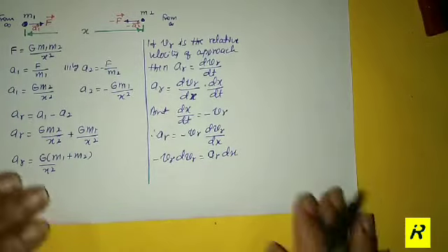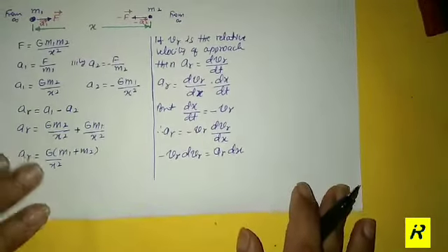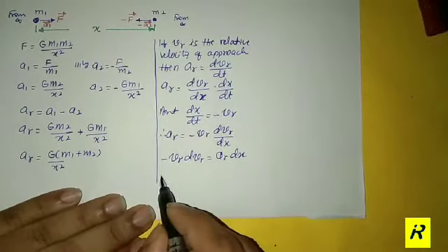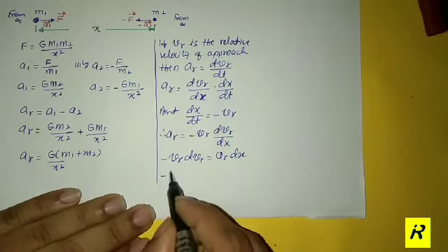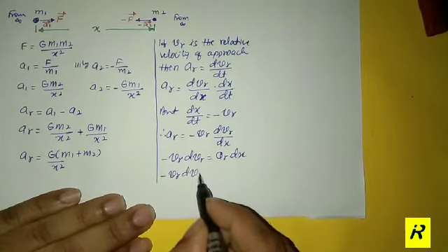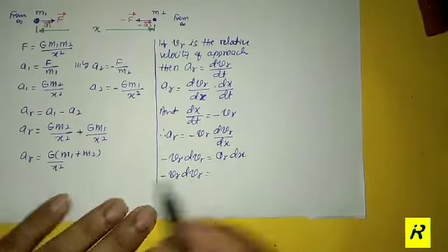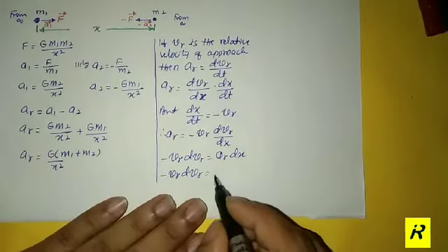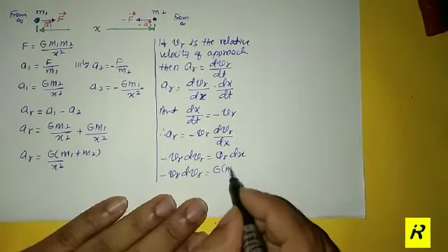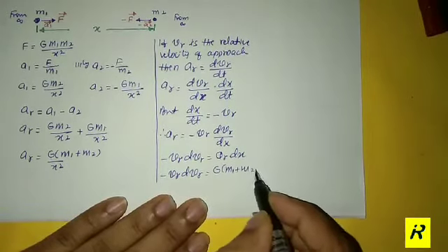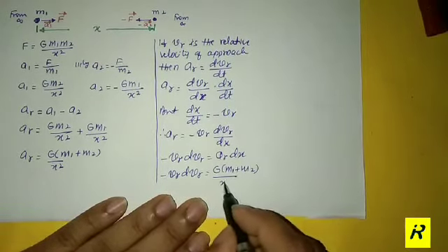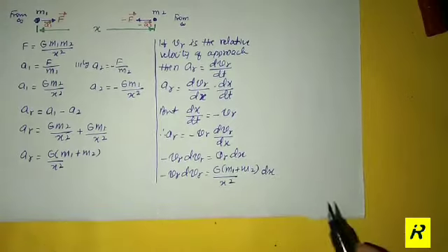Now make the substitutions for these terms. Let me keep Vr as it is, into dVr. And ar is G into (m1 plus m2) divided by x square into dx.